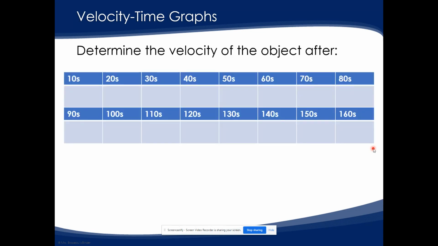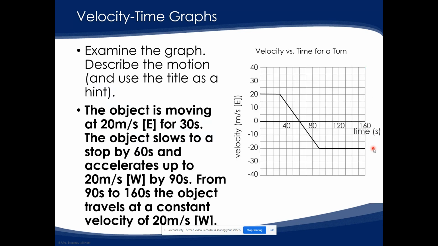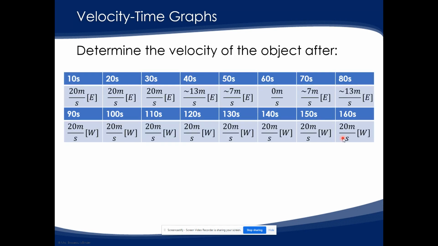So now we're going to look at the velocity of the object after all these time intervals. We're going to look at each time section here. So our velocity after 10 seconds is 20. After 20 seconds is 20. And we're just going to keep going through that whole thing and filling in our chart.